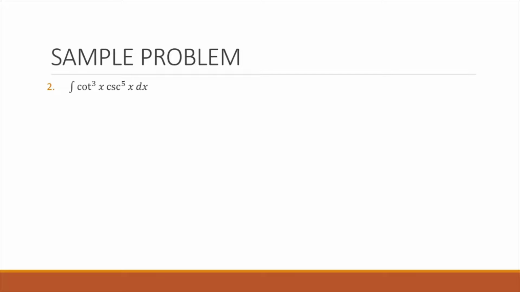Okay, so if that's the case, we take out or we factor out, we isolate one cotangent x factor. So from cotangent cube it becomes cotangent squared. And then from cosecant raised to the 5th power, we also isolate one cosecant factor. So that's why it became cosecant raised to 4. Alright? Then what do we do next?